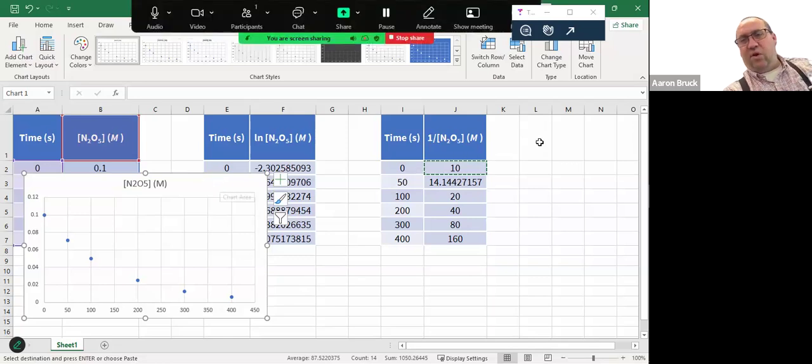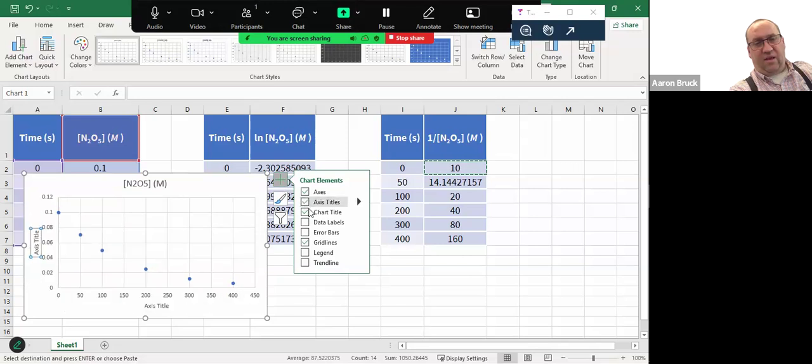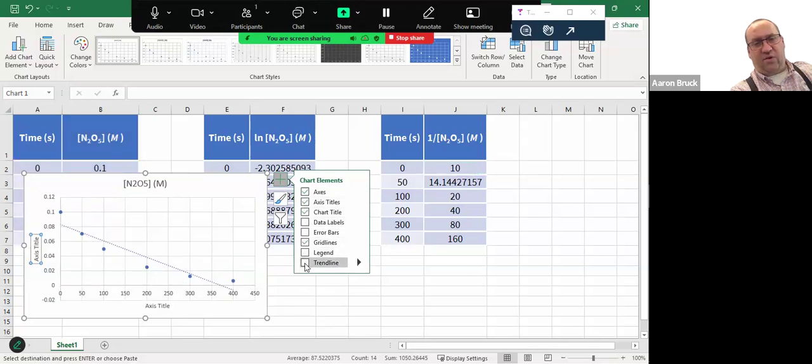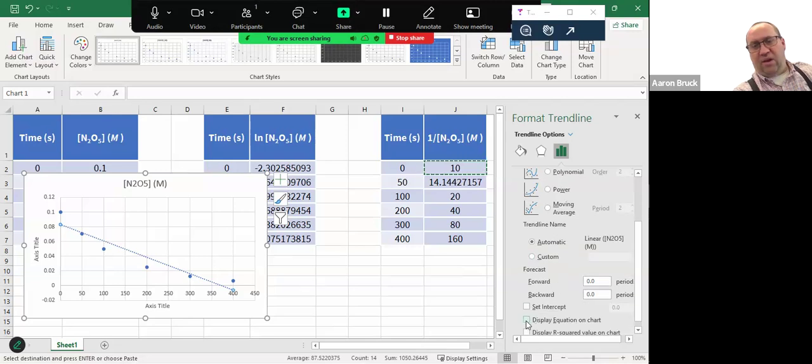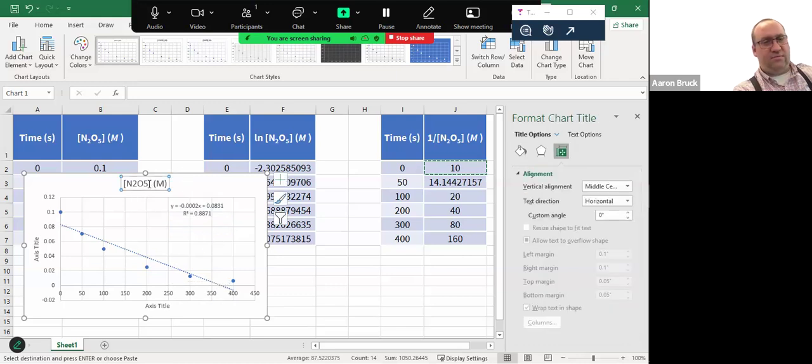For completeness here, we'll go ahead and add in the titles, we'll add in the trend line. We'll make sure that we go to more options here and put in the R squared and the equation of the line.